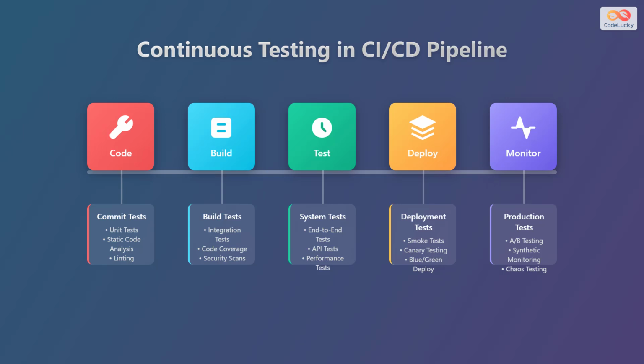In the test stage, system tests such as end-to-end tests, application programming interface tests, and performance tests are run. In the deployment stage, deployment tests such as smoke tests, canary testing, and blue-green deploy are run. Finally, in the monitor stage, production tests such as A/B testing, synthetic monitoring, and chaos testing are run. All these stages are connected to each other.